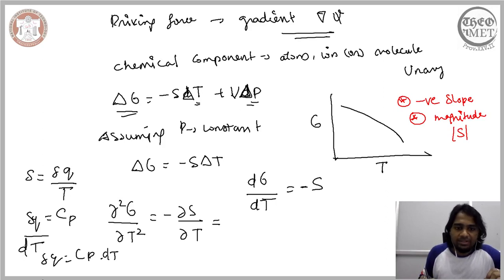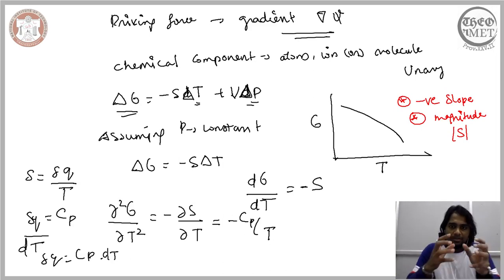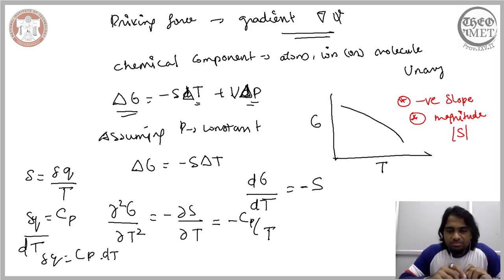So ultimately, when we consider the second derivative, it will be minus Cp by T. So the second derivative of this particular curve can be related to a specific material property, or a specific property of the system.